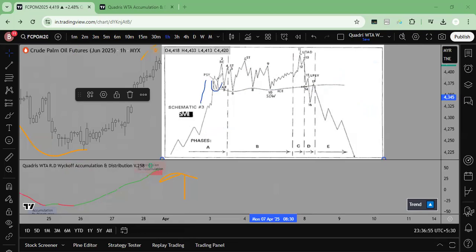We encounter the preliminary supply, then a buying climax, automatic rally or automatic reaction. Then there is testing taking place, and every time we hit this particular line, this is what is called an ice level.